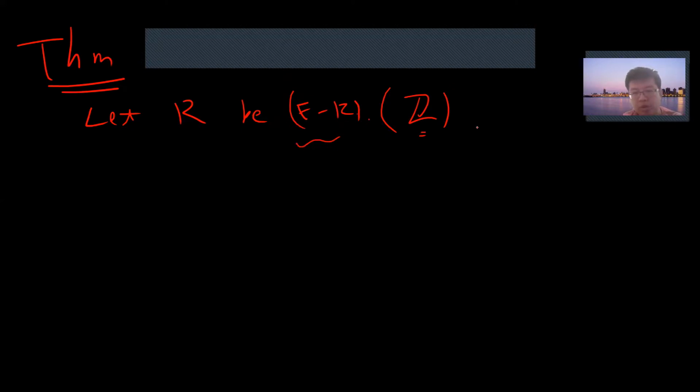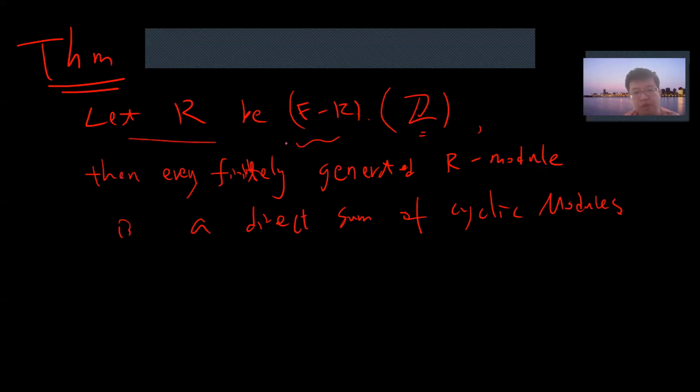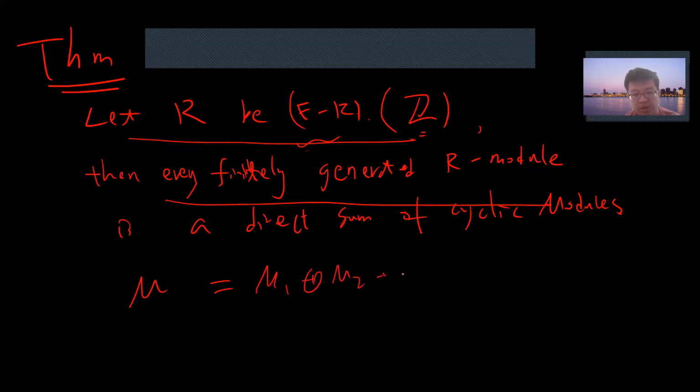So if you work in a Euclidean ring, then every finitely generated R module is a direct sum of cyclic modules. So if R is a Euclidean ring, like the integers, then a finitely generated R module M is basically a direct sum of cyclic modules, and each of these is just cyclic.